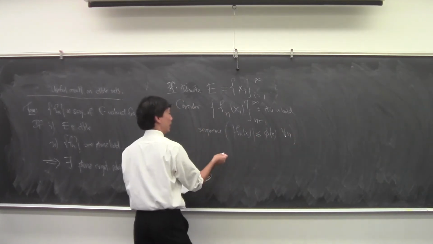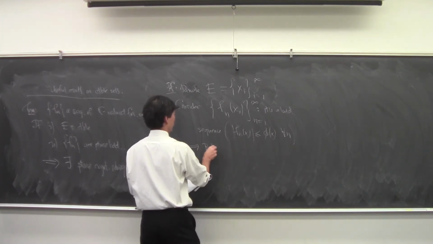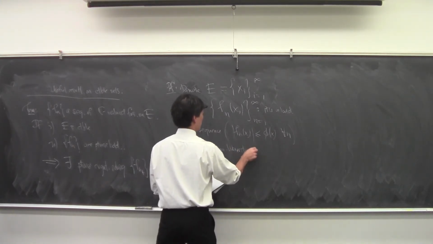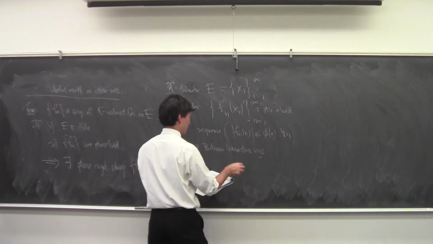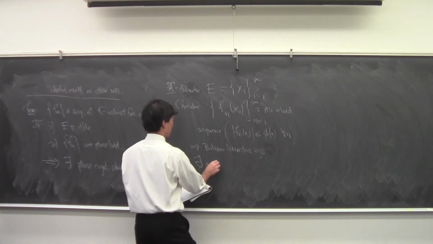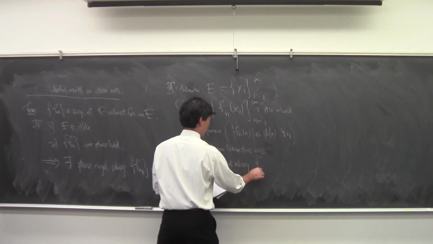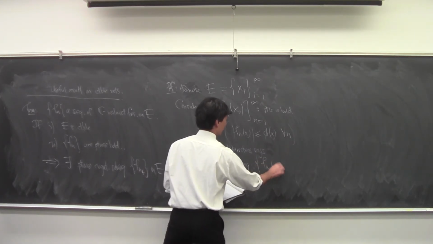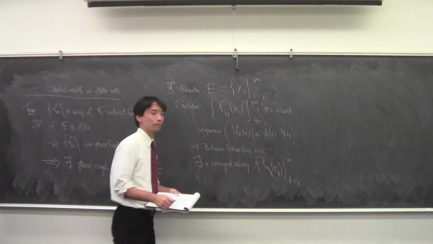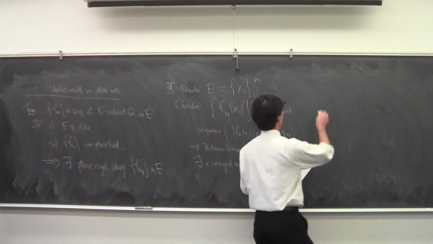It's a bounded sequence, and so Bolzano-Weierstrass says there exists a convergent subsequence, F_{n_k}(x1), from k equals 1 to infinity.